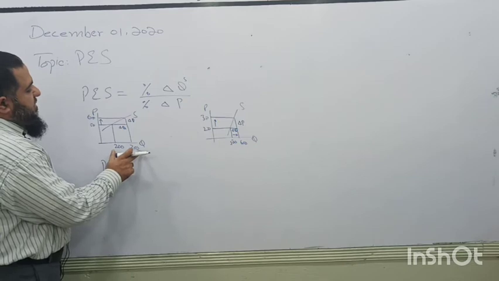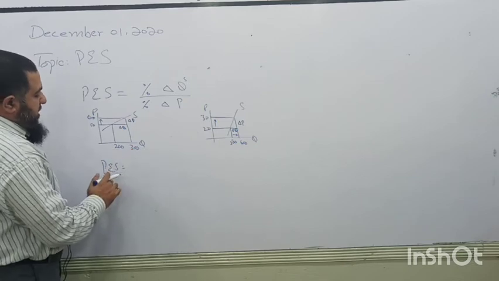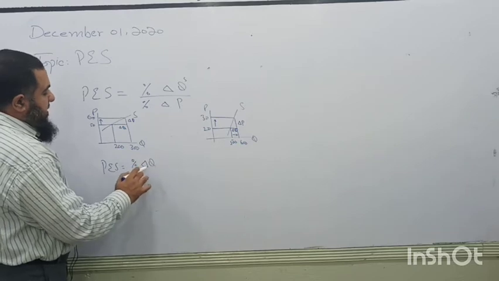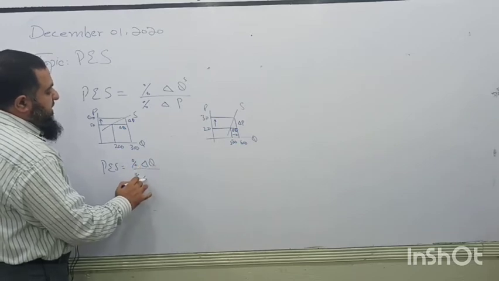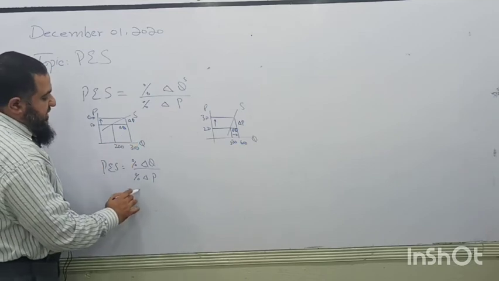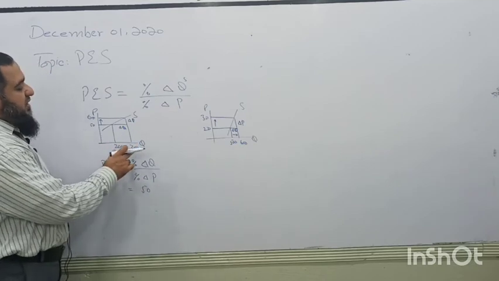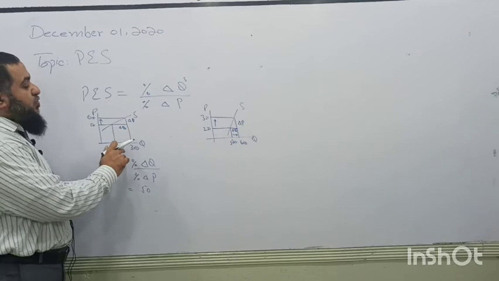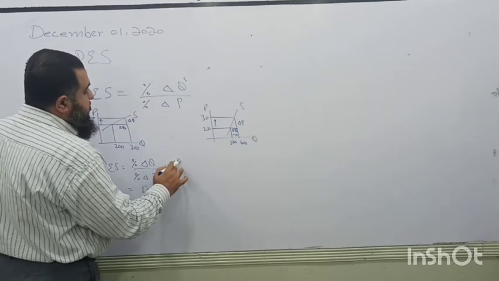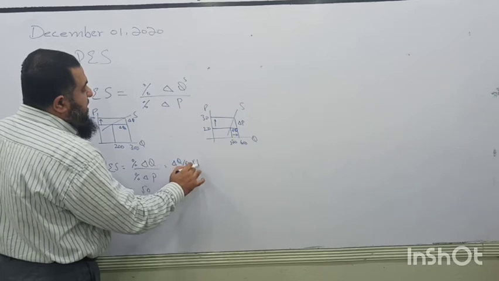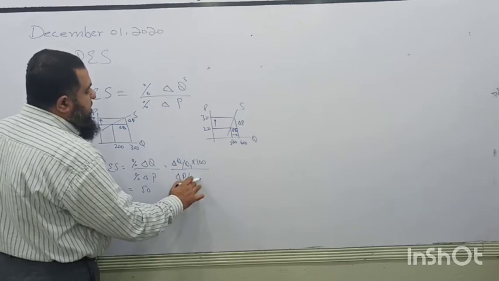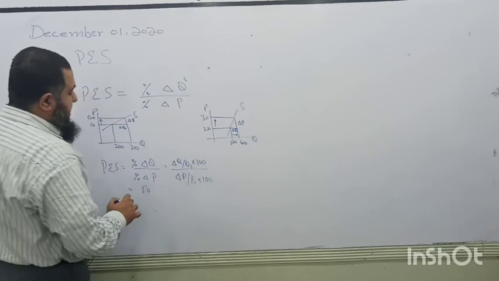You have to find the percentage change in quantity over percentage change in price. You can find it as change in quantity over original quantity, 100 over 200, and change in price over original price, 10 over 50.